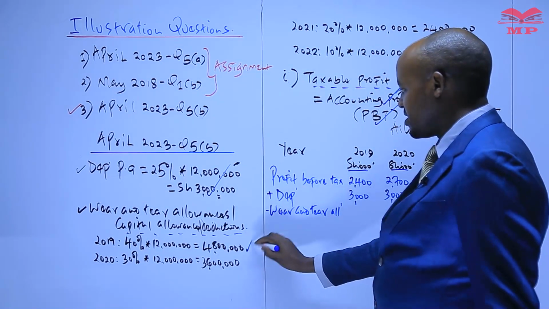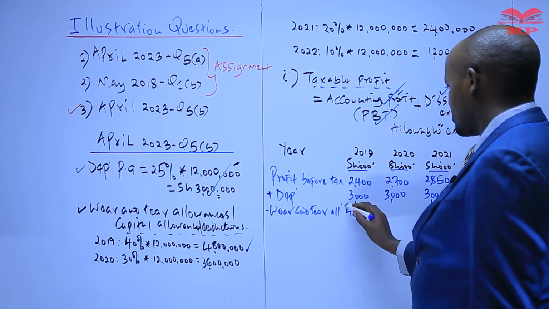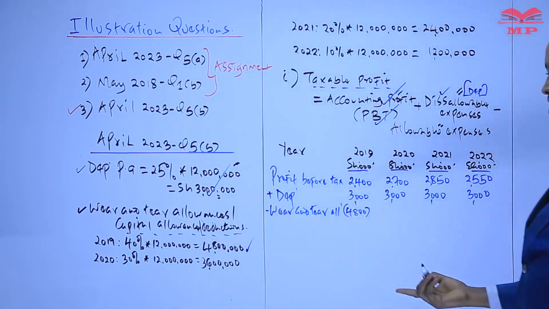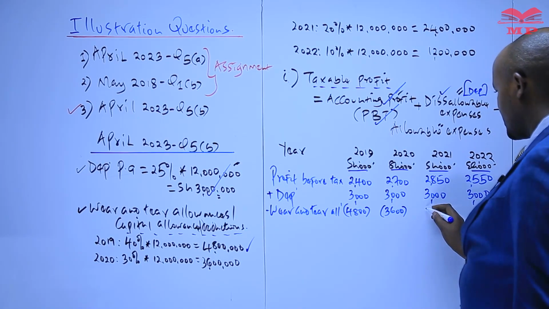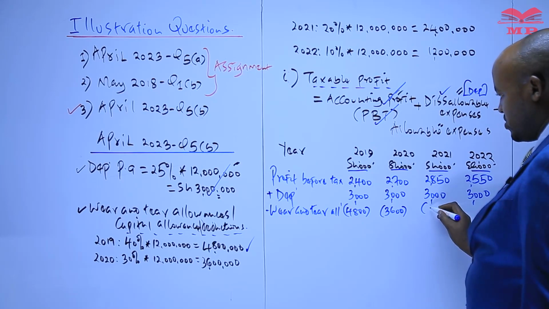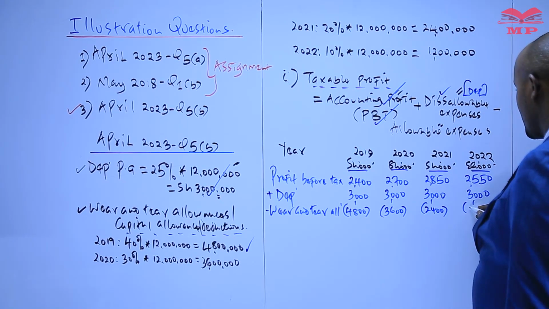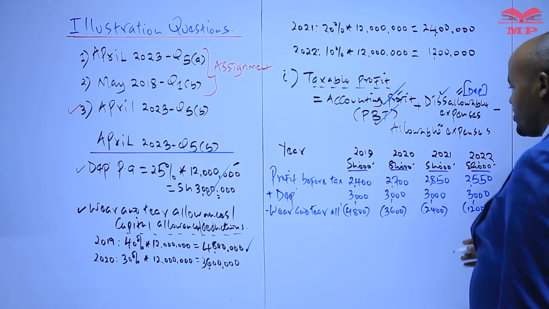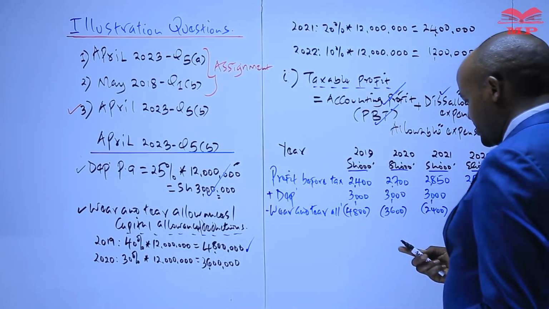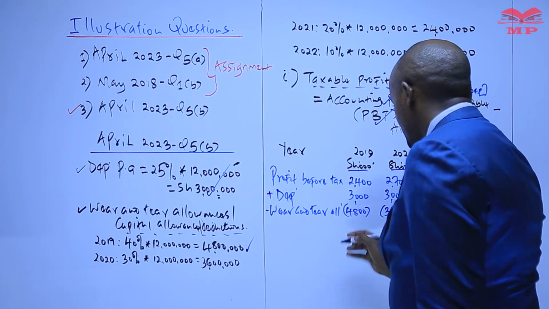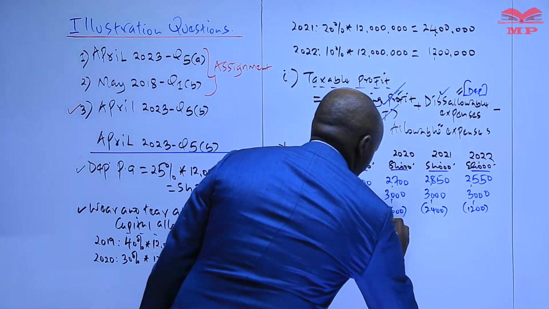So for the first year is 4,800. But remember our figures are in thousands of shillings. We are going to take that as 4,800. And then for the other year is 3,600. The other year here is what? Is 2,400. And then finally here we have what? 1,200. So after doing that, now what you're going to determine, or basically to get down here, is the taxable profit.